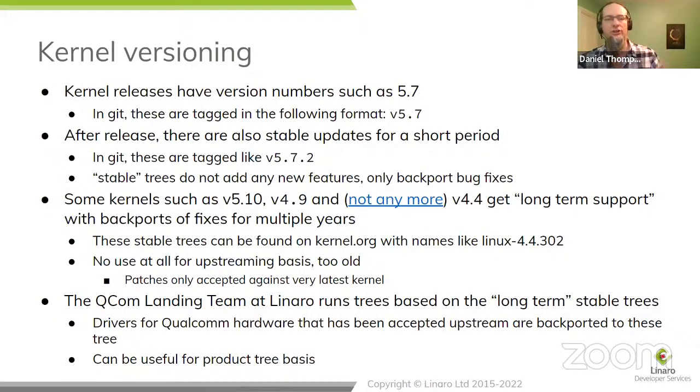In addition to the stable kernel, there are also long-term stable kernels, which are a multiple set of kernels which the kernel community gives support to for a longer period of time. Initially, the time span that a kernel is maintained long-term stable for is 2 years. And it is becoming quite common in recent years for that 2-year period to be extended to 4 years, but there is no expectation of that growing further at the moment.